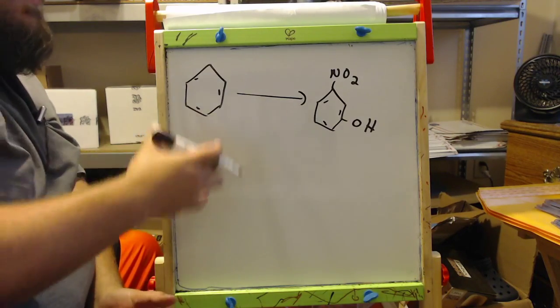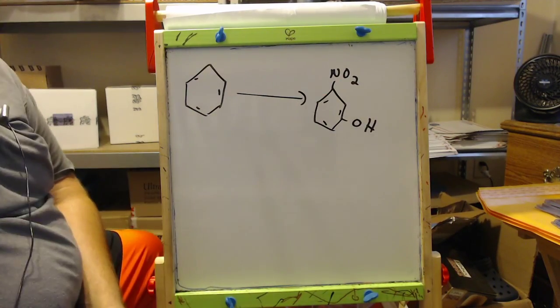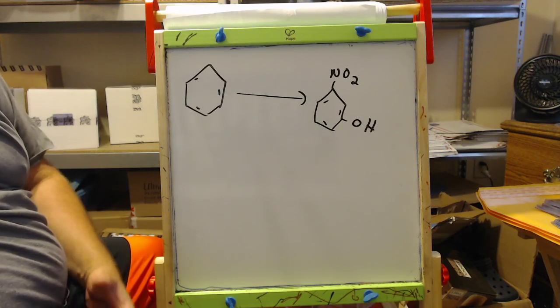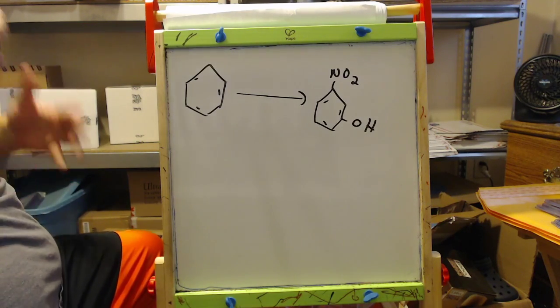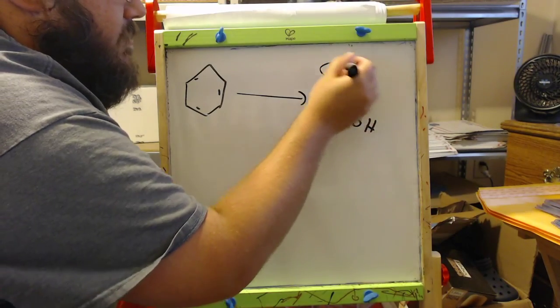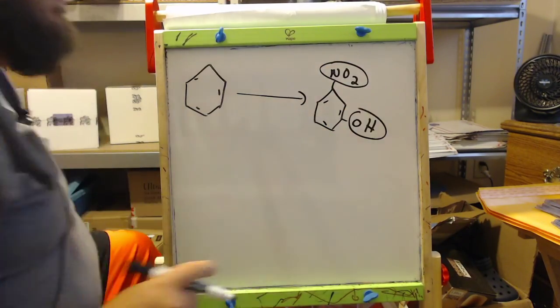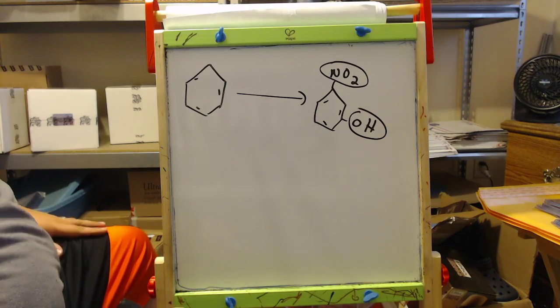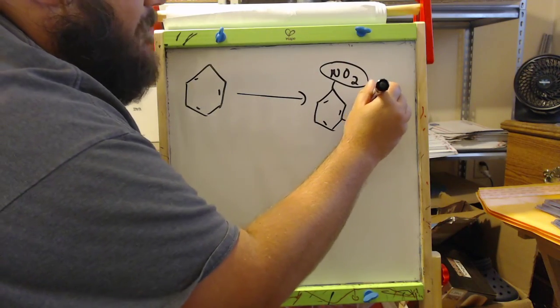And I say to you, create this compound. Show me in a reaction how you're going to create the compound. And the question is, well, what do you add first? Do you add the NO2 group? Or do you add the OH group? And the key is their location. They are meta to one another.